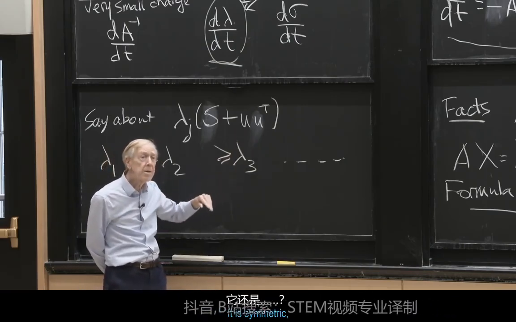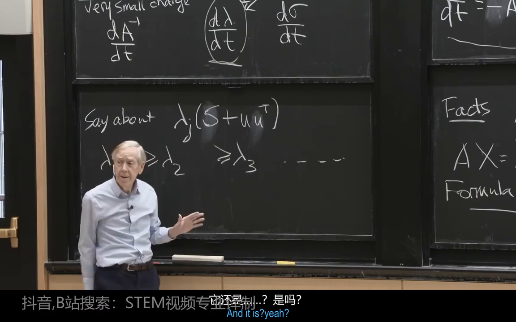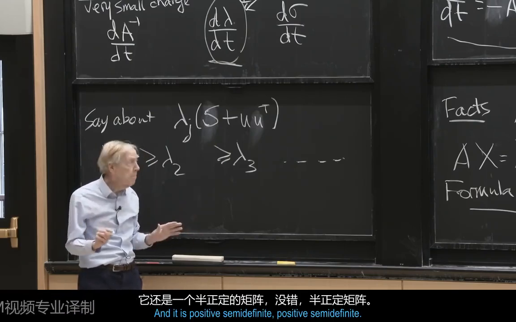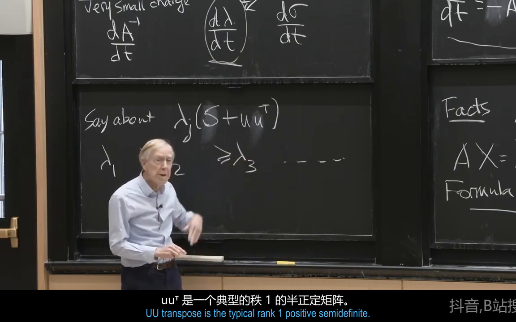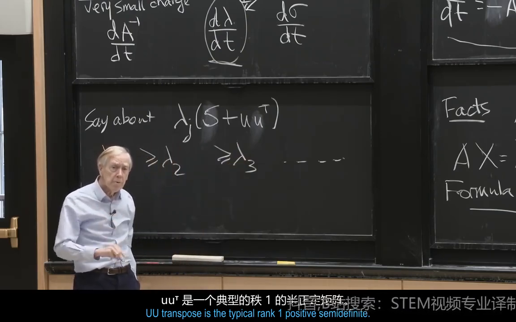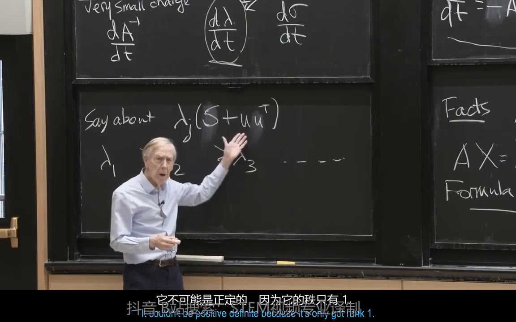It is symmetric, of course. And it is, yeah? Positive semi-definite. This is a positive change. UU transpose is the typical rank 1 positive semi-definite. It couldn't be positive definite because it's only got rank 1.